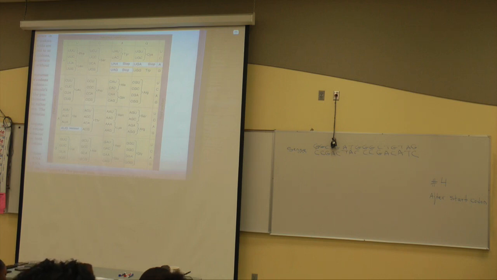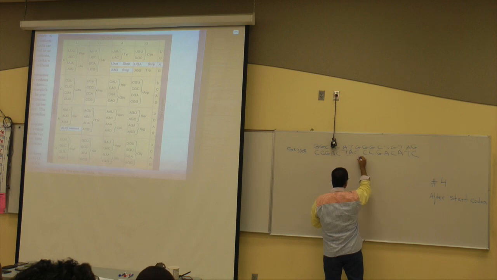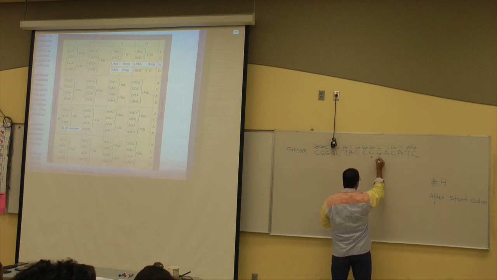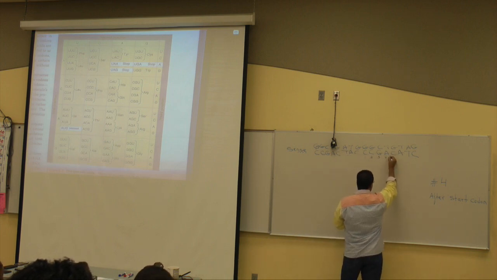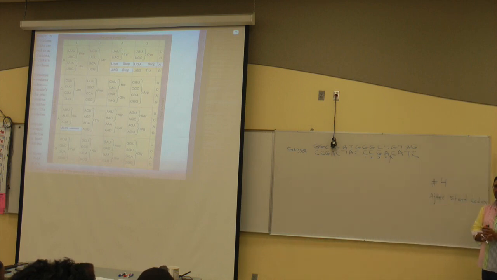After the start codon, let me number them. I got it all confused. This is the start codon. 1, 2, 3. Add 2 new guanines and make your new protein.